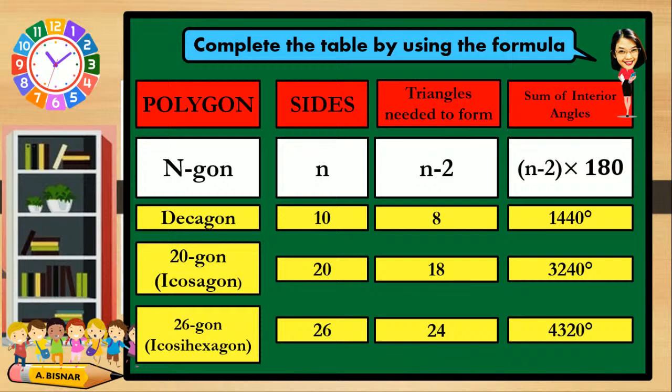Now, what if ito naman yung given? Kung kabaligtaran naman. Kung ang given naman ay yung sum of the interior angles, ano naman yung gagawin? So, ibig sabihin, ang hahanapin mo naman ay yung number of sides.